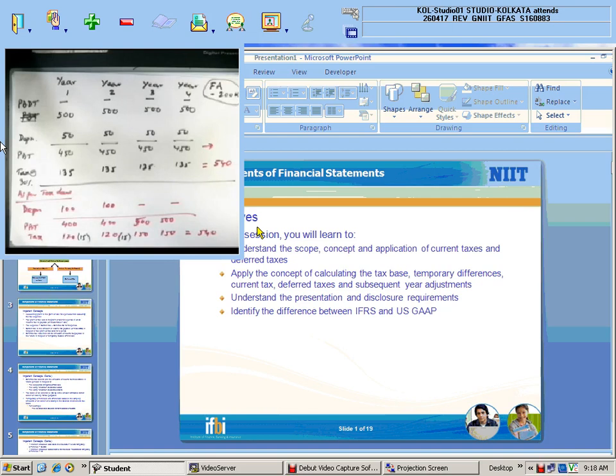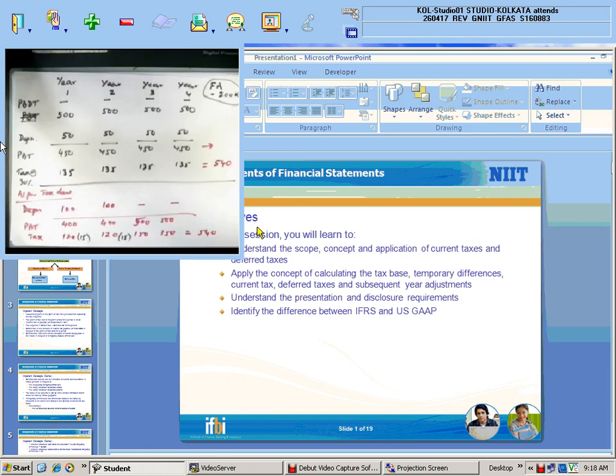So this is the concept of current tax and deferred tax, because when it comes to payment of tax under tax laws, the tax base of an asset or liability can be different from the carrying value of the asset or liability. That difference we call a temporary difference.